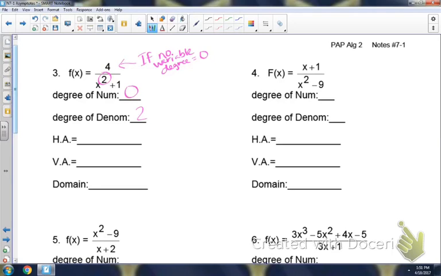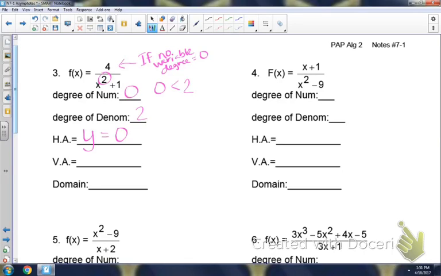You're always comparing the numerator degree to the denominator. 0 is less than 2. If the degree of the numerator is smaller on top than it is on bottom, it's y equals 0 for your horizontal. And make sure that you're writing y equals and x equals on these, or I'll count off.